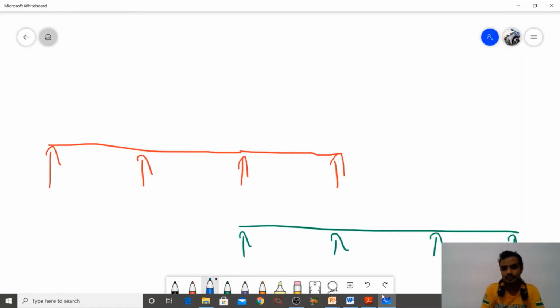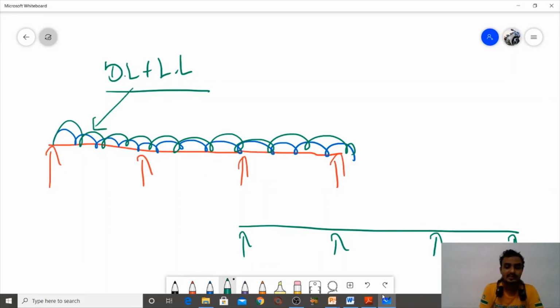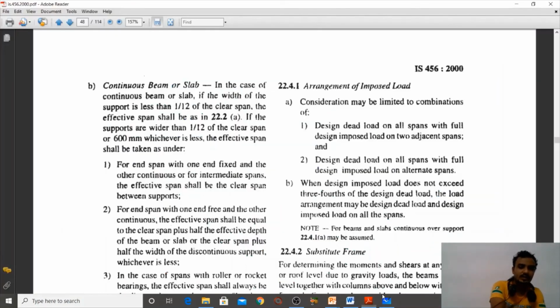In the first condition there is dead load on all spans and live load on all spans, that is dead load plus live load on all spans. In the second condition there is dead load on all spans but live load on alternate spans. So these two conditions are given in the IS code.